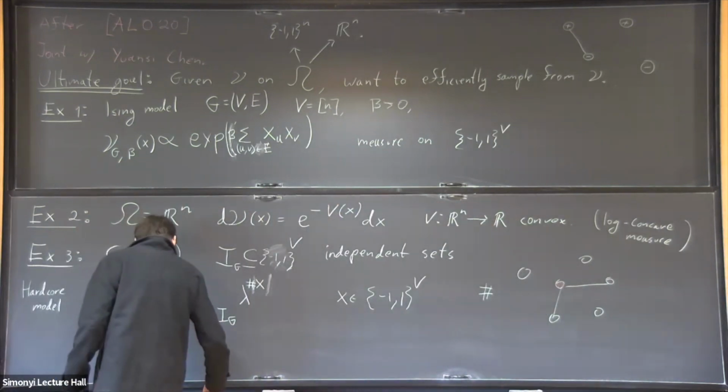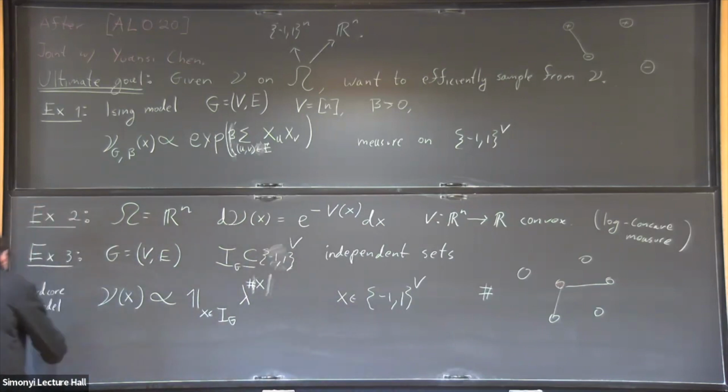So this is the third example, and the fourth example to have in mind is very close to what's sometimes called an Ising model, only I have weights on the edges.